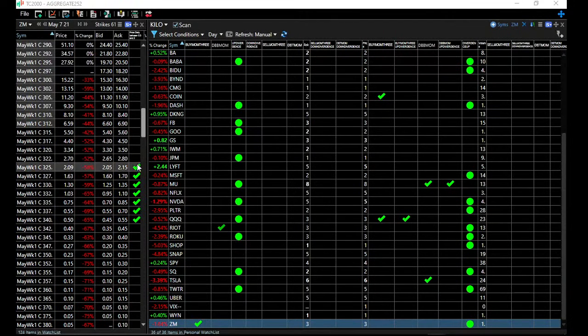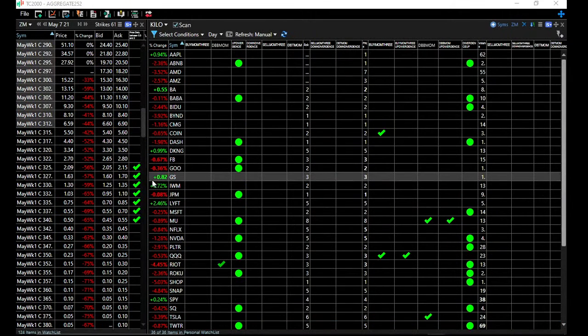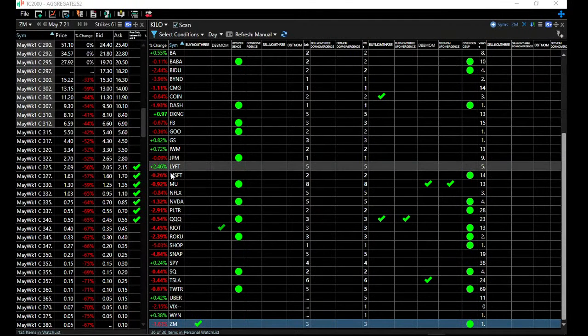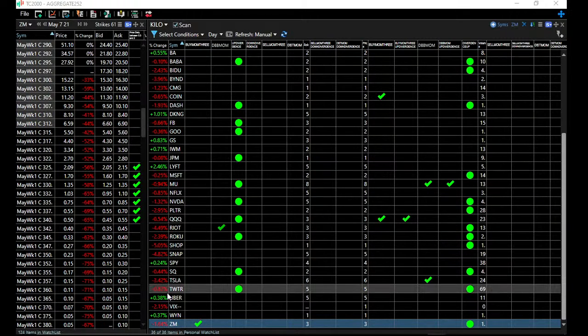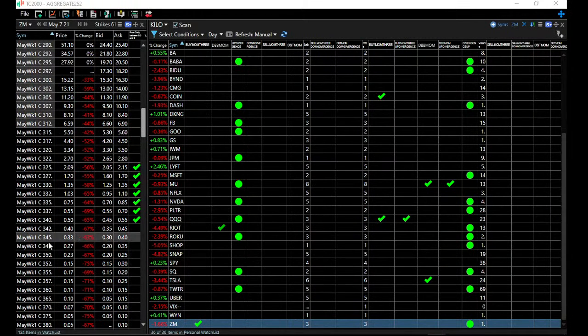Remember, these green checks indicate the price range that I'm comfortable with risking. And I risk anywhere from $100 to $200 on a contract. In the case of Amazon, Google, Tesla, and Shopify, I'll go in between $200 and $300.